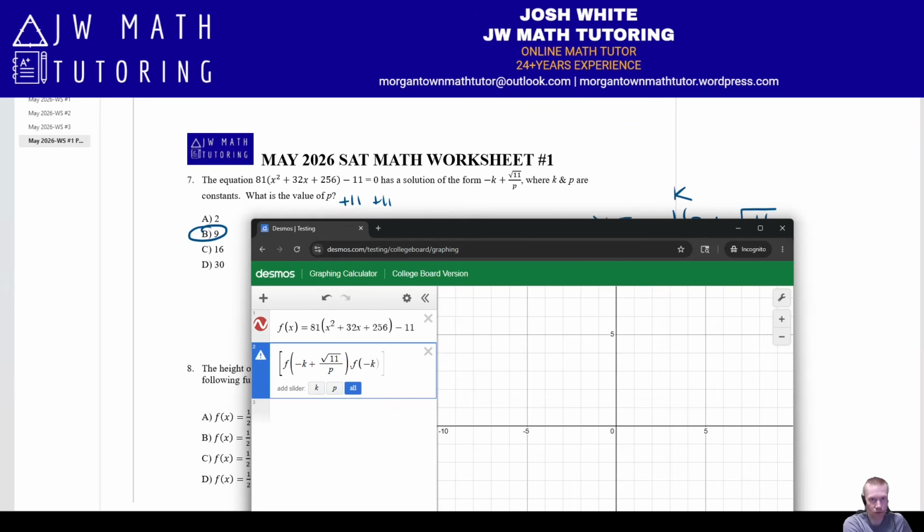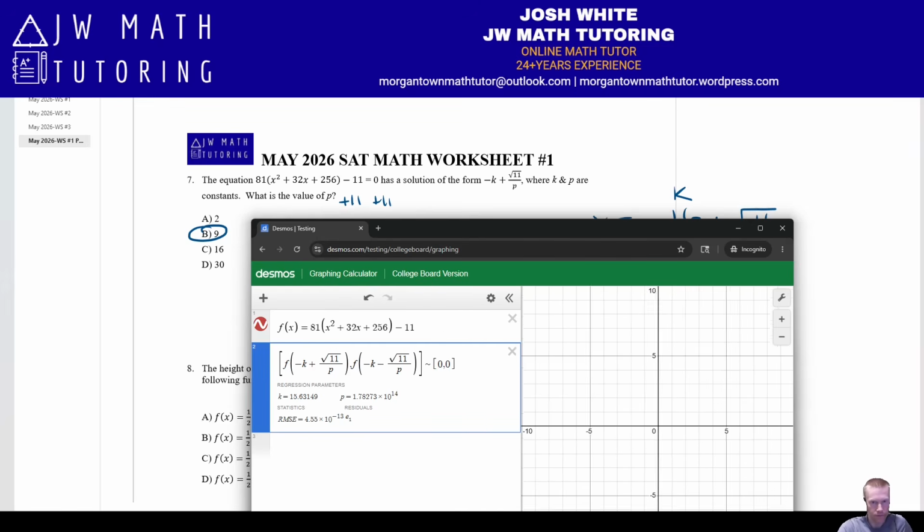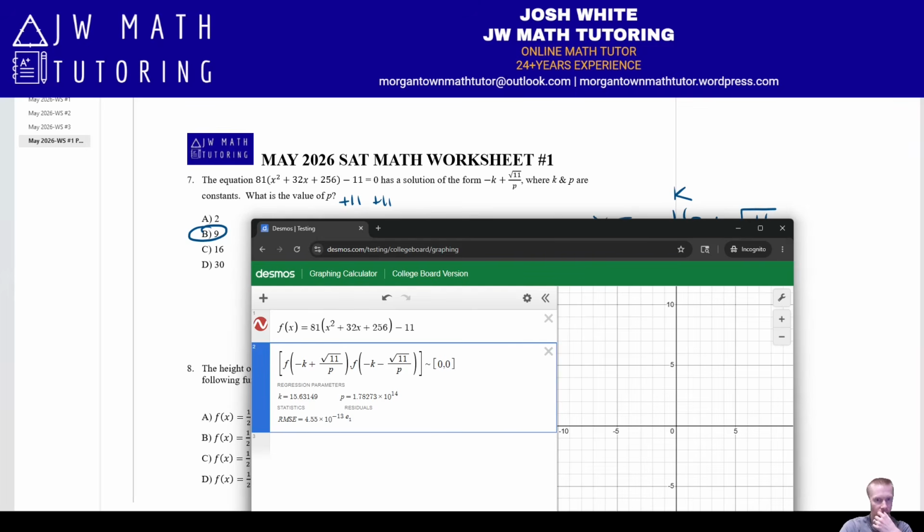So first I have the solution that's given, then I have its conjugate. Okay, and we regress each of them to 0. Okay, notice it's giving me some fantastically large number for p. And then it's giving me some random value for k, which is not correct, which is not equal to 16.